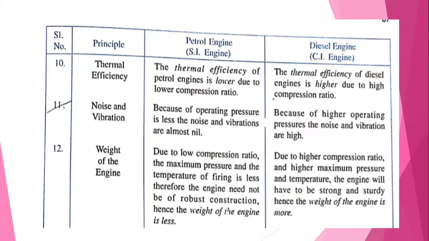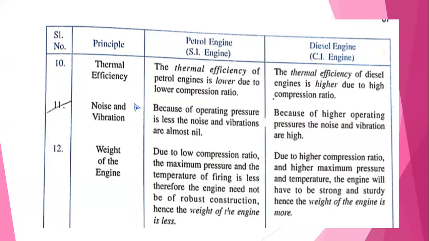Next, come to the point, the thermal efficiency. Thermal efficiency is very much essential for calculating the performance characteristics of the engine, maybe petrol engine or diesel engine. That is the input to the output. What is the input to the engine? What is the output you have?